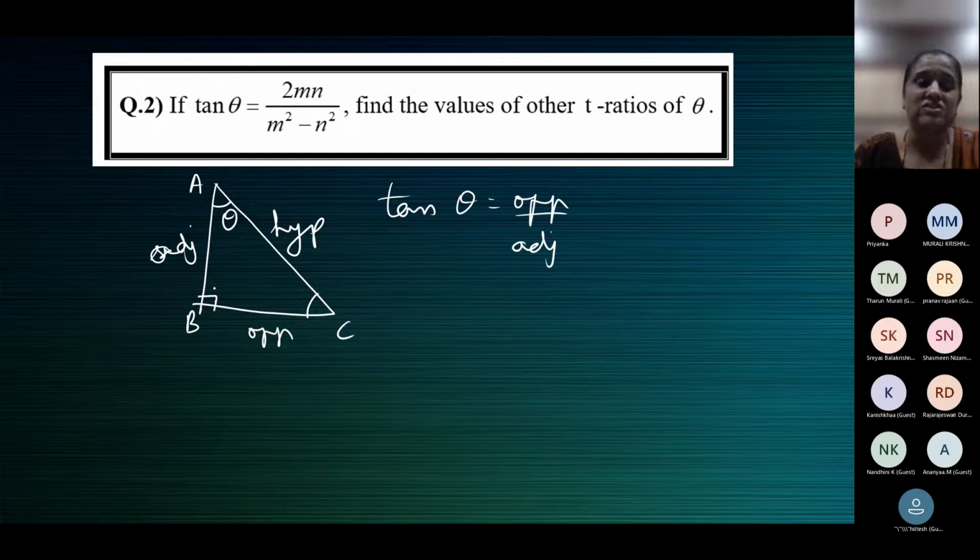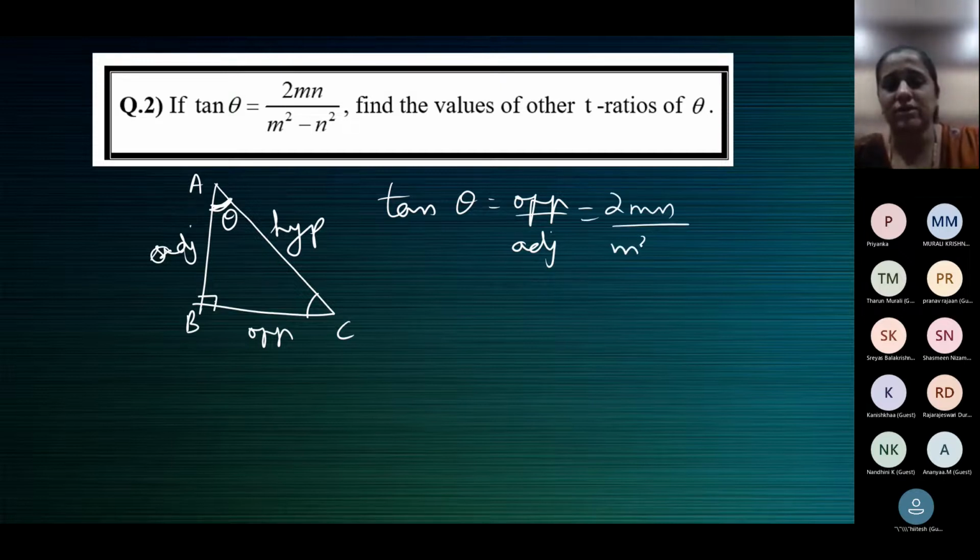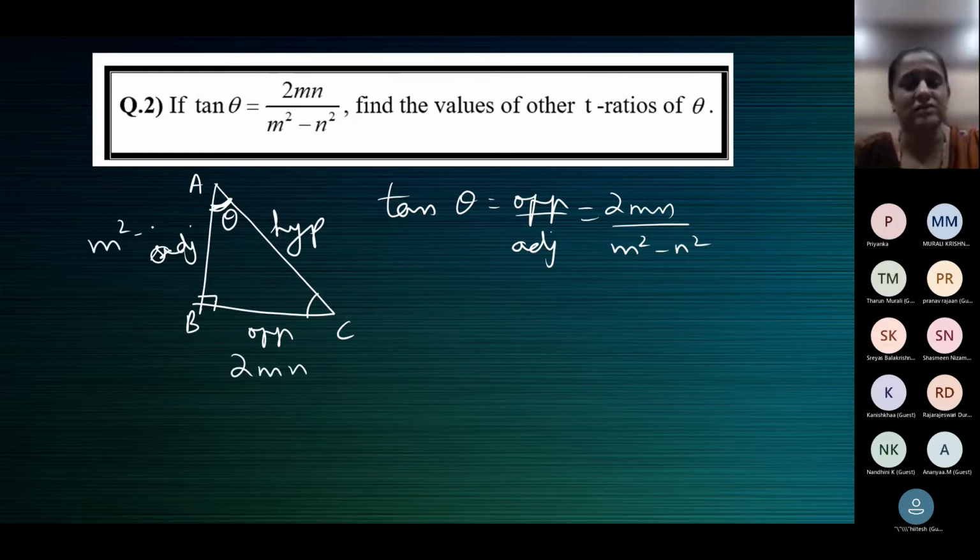Now the opposite and adjacent side depends on the angle, whichever angle is considered. So with respect to this angle theta, this is the opposite side and this is the adjacent side. Now what is tan theta? Opposite by adjacent is 2mn by m square minus n square. The opposite is 2mn and the adjacent is m square minus n square.